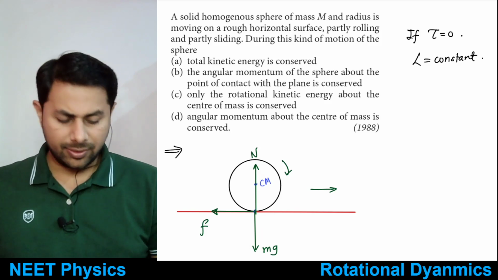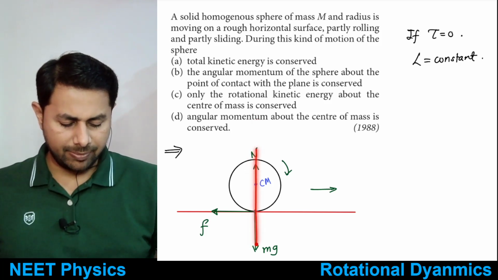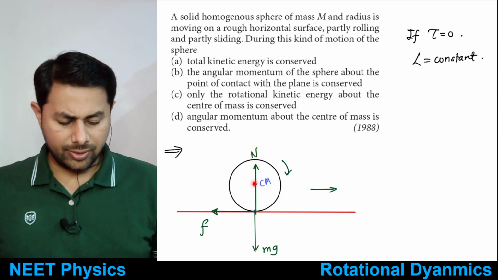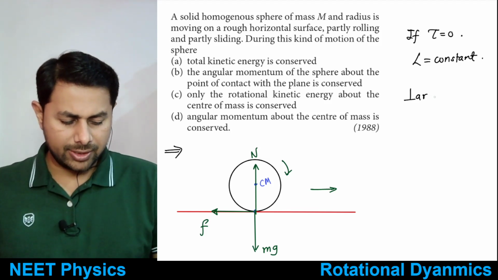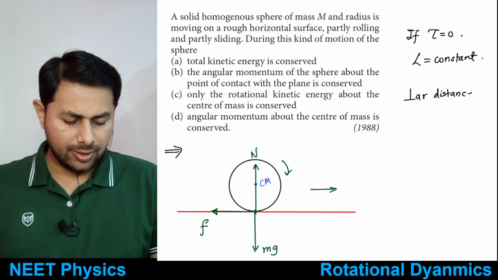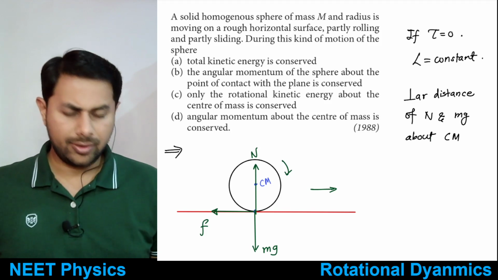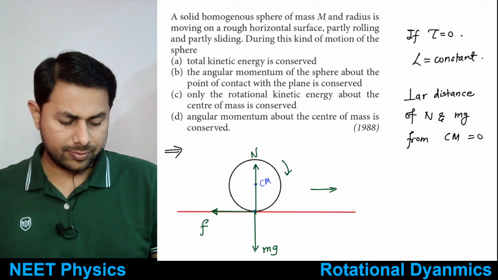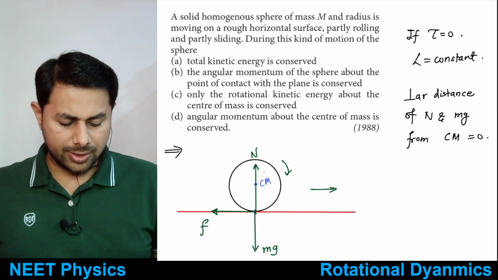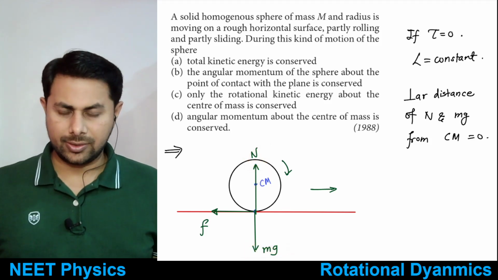If you take its direction, it is along this line. This line passes through the center of mass, right? So that's why the perpendicular distance of N and mg from the center of mass is equal to 0, and therefore there is no torque due to the normal reaction and mg about the center of mass.